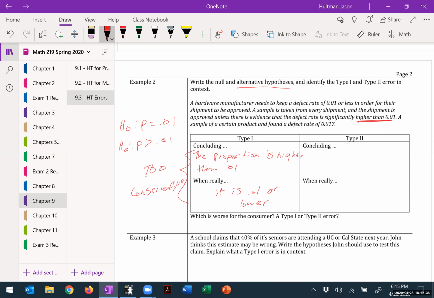Type 2 error is that we accept the null when we shouldn't.